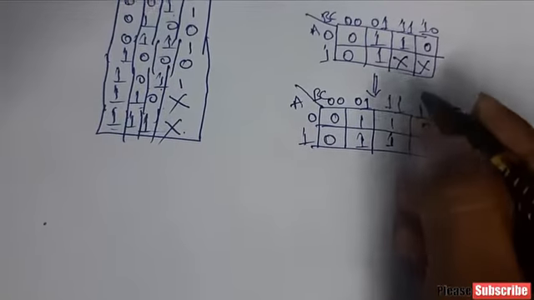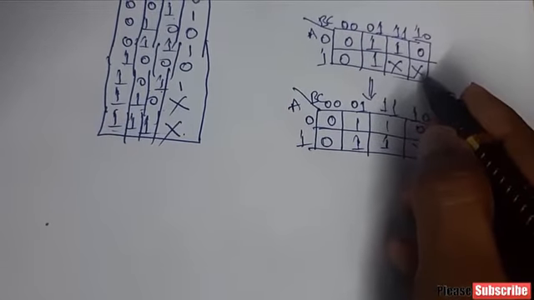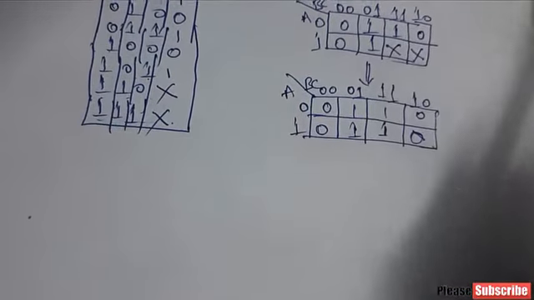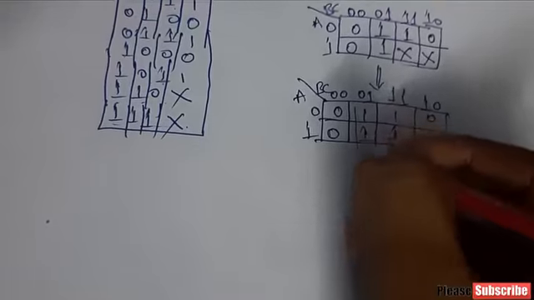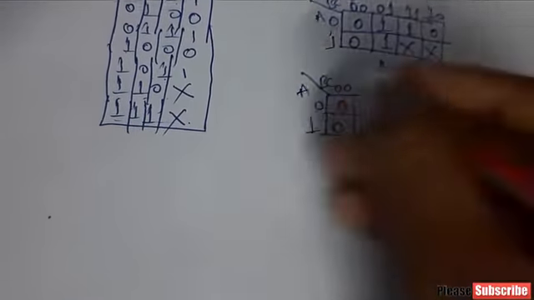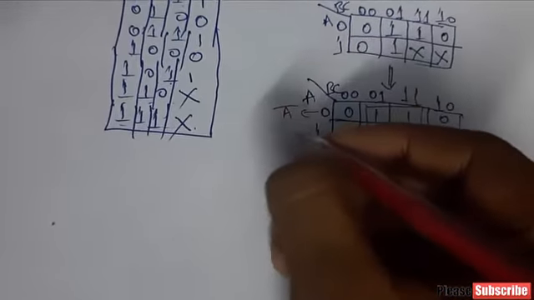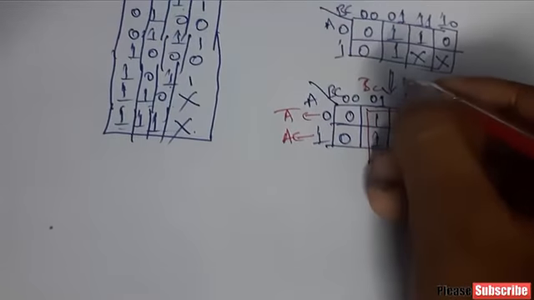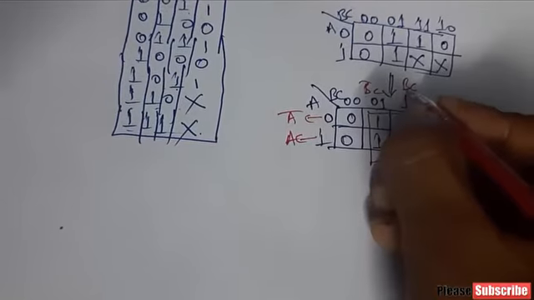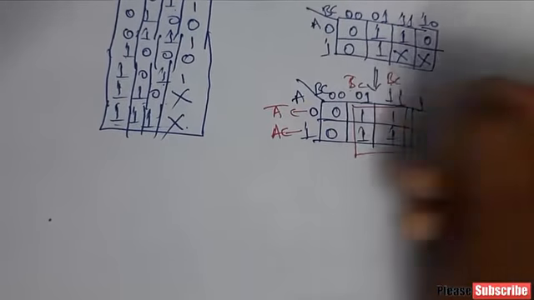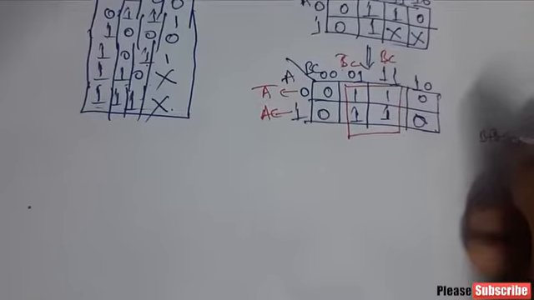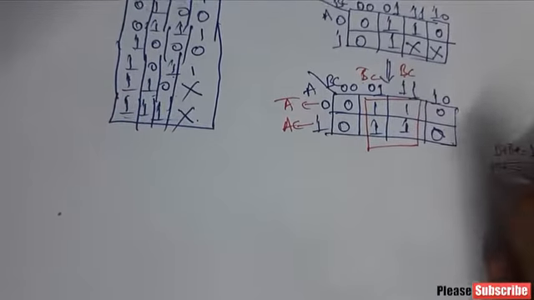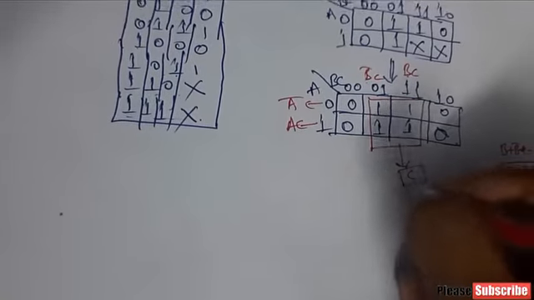Here this don't care, no need for this, you will take the 0. Here you can form the quad pair. This will represent A bar, this will represent A. Here this will be B bar C, this will be B C. B plus B bar is equal to 1, 1 times C is equal to C, hence the result will be C.